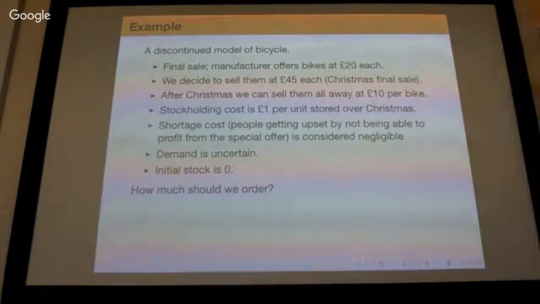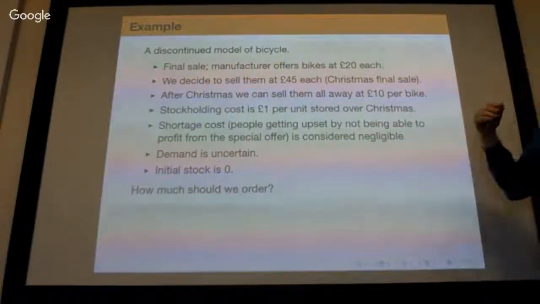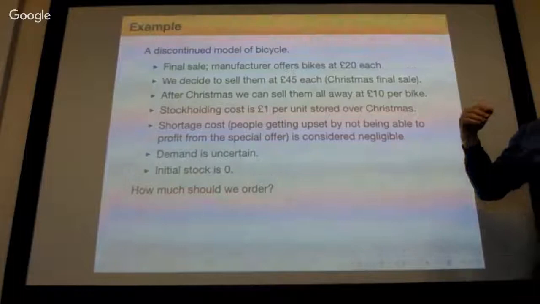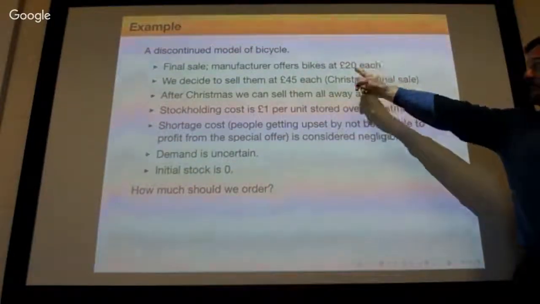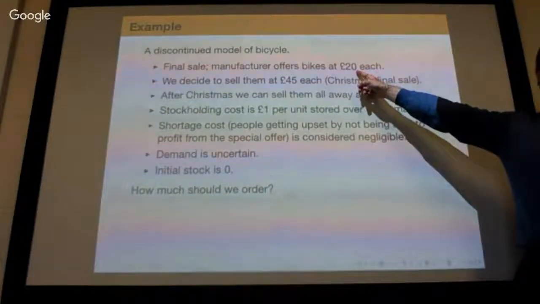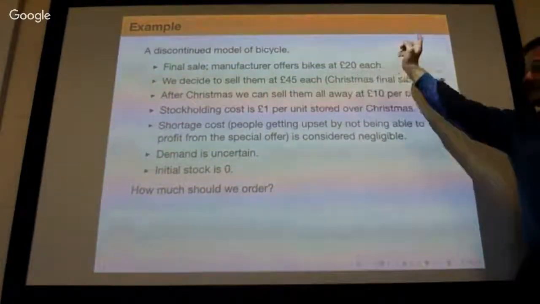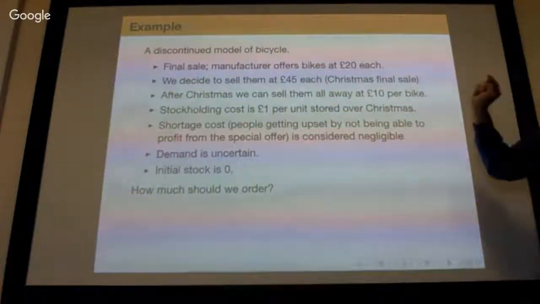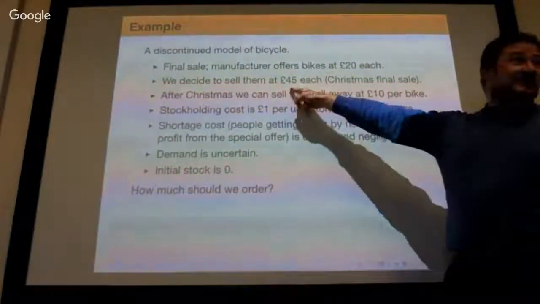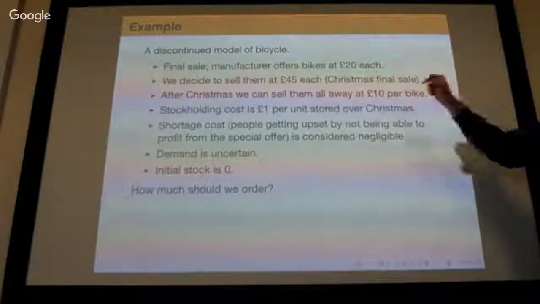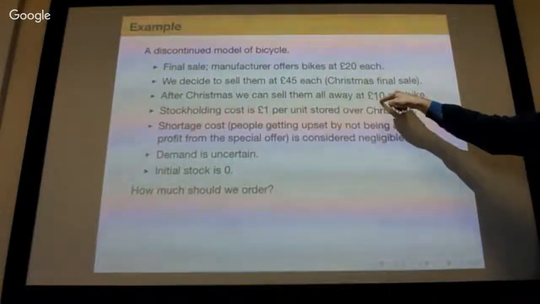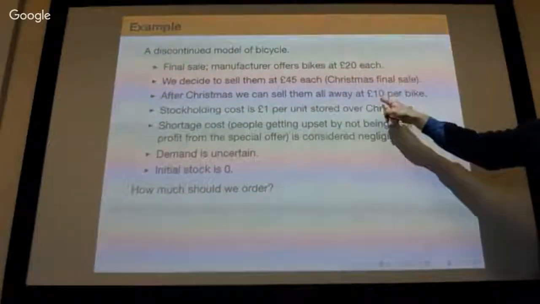In this case, bicycles. What are the data you need? You need to know how much you're paying for each of the items. You should know how much you can earn by selling one. You should know what the cost or salvage value is if you don't manage to sell them.